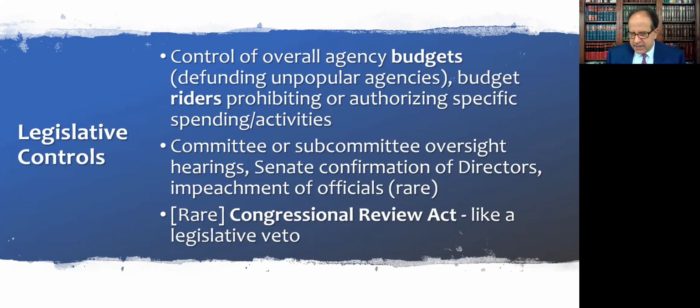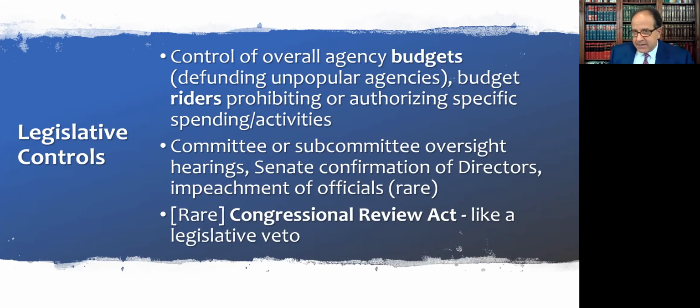Also rare is the invocation of something called the Congressional Review Act, which is like the legislative veto that you may have learned about in your constitutional law class. The Congressional Review Act allows Congress, if they have authorized the agency to do something, by a joint resolution of both houses signed by the president. But again, the process is kind of streamlined compared to usual legislative activity.